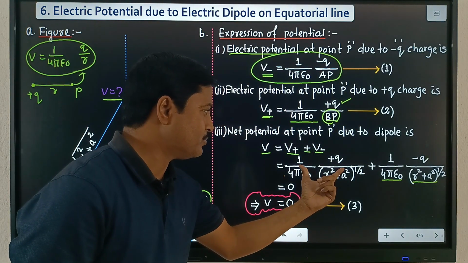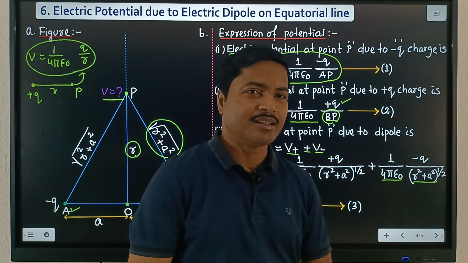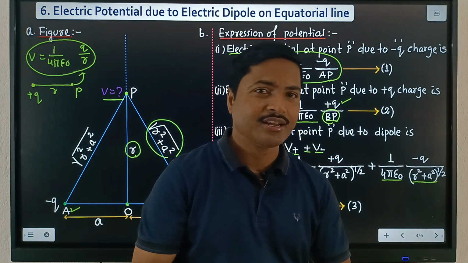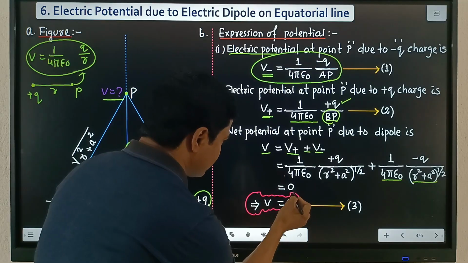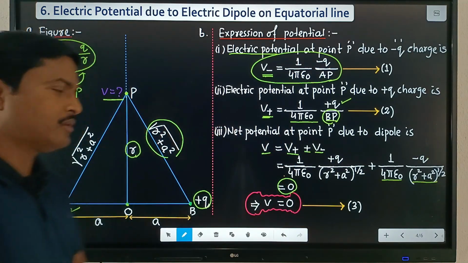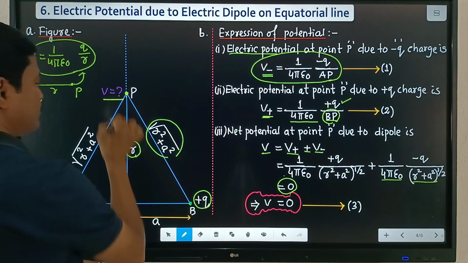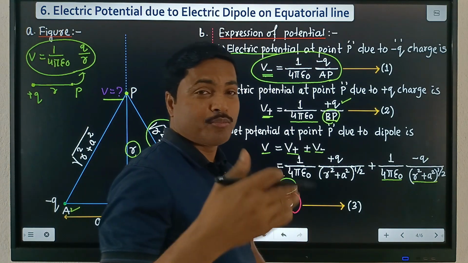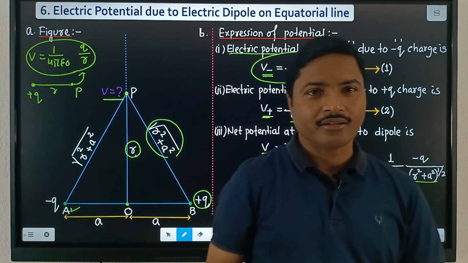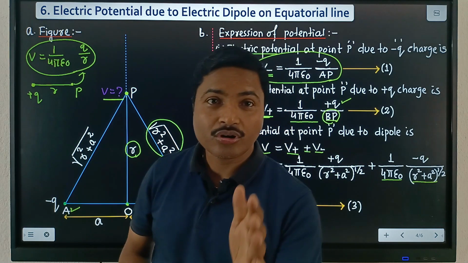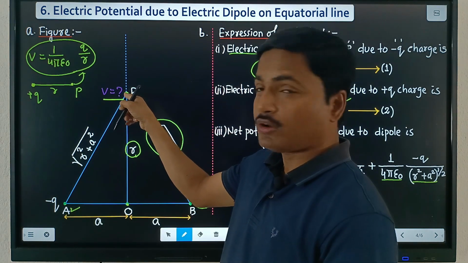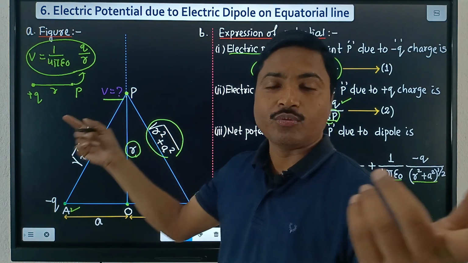Here one term is positive, another term is negative, both are having the same magnitude, so the total resultant is equal to 0. That means finally we get the electric potential on the equatorial line at the observation point, that means at point P, is equal to 0.